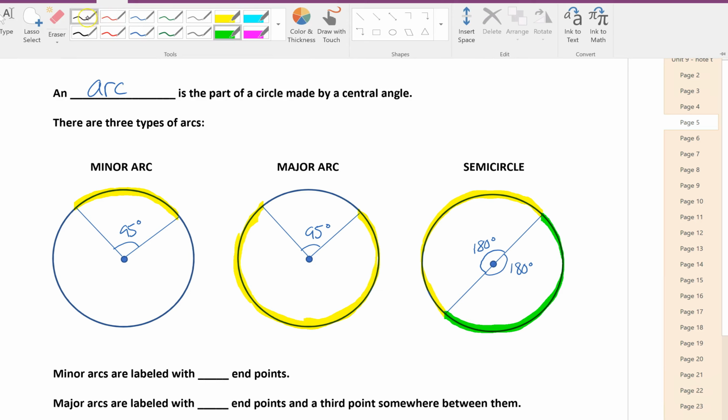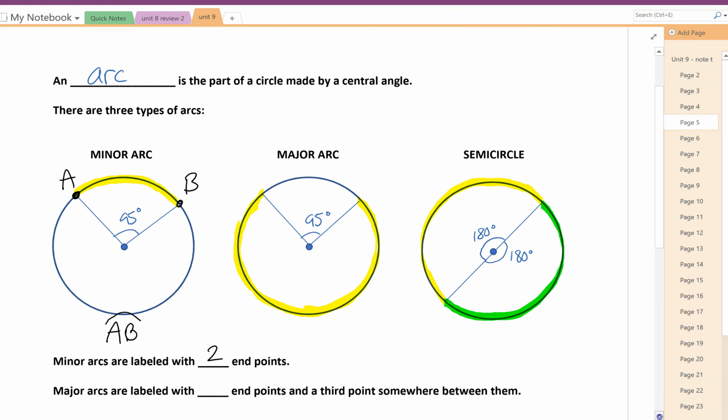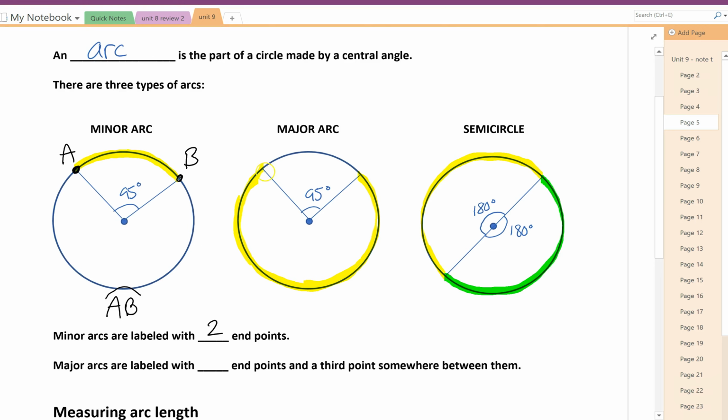How do I label arcs? Well, for a minor arc, I just need 2 points, such as A and B. Minor arcs are labeled with 2 endpoints, and the way I would write that would be AB with an arc over top of it. For a major arc, we have to use 3 points, and here's why. If I just said arc AB, you might think I meant the minor arc on the top of the circle here.